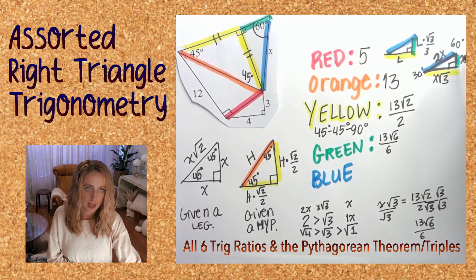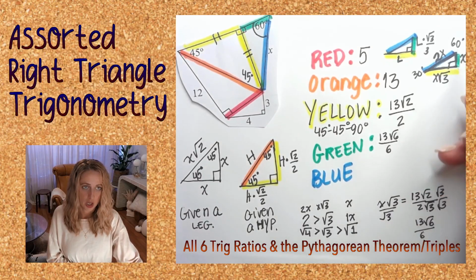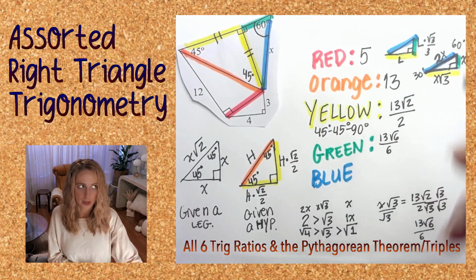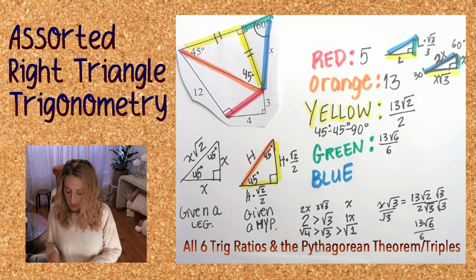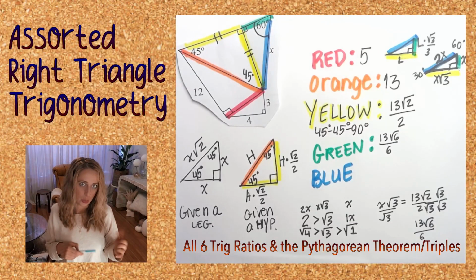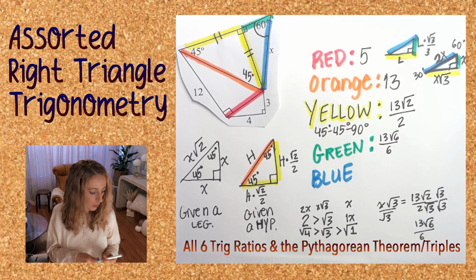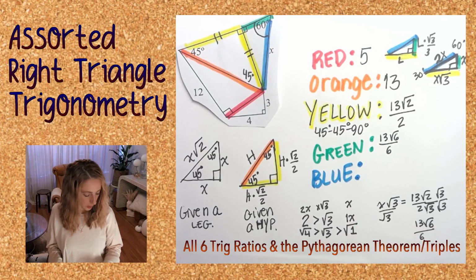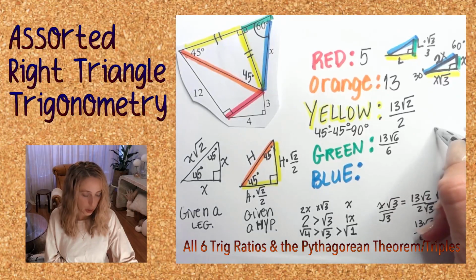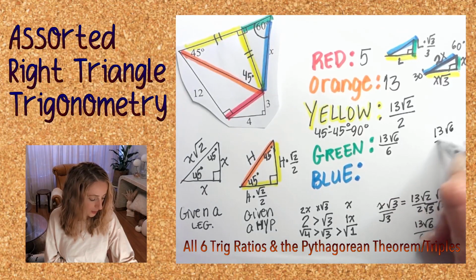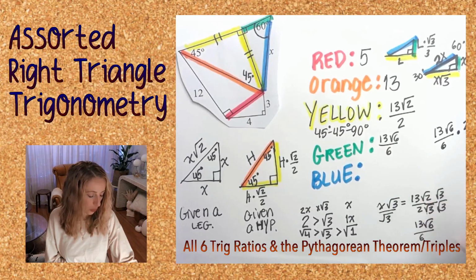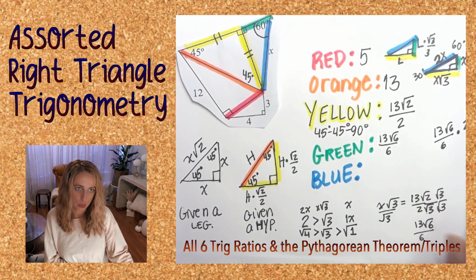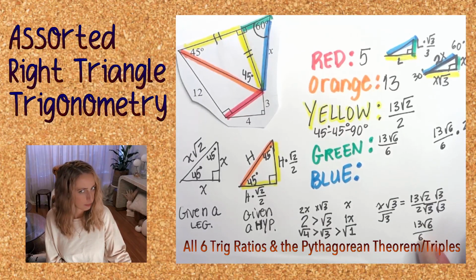I already have my short leg, which is this number here. So to go from x to 2x, you just double it. When you double it, you can either double the numerator or cut the denominator in half. If you don't understand that, don't do something you don't understand. But let's do it out a little longer. If I take 13 root 6 over 6 and I do times 2, do you do times 2 on top and bottom?